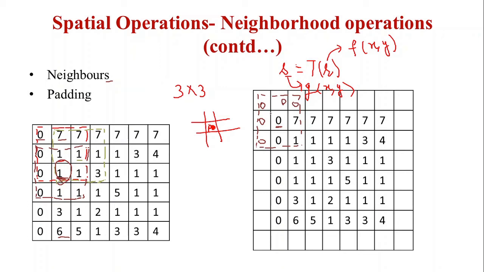So please remember, by doing padding we are just trying to solve our problem for the boundary pixels, but it does not mean that the output image size is going to change, right? So the output will be of the same size as my input image. If you look at this input image, it is of size 6 rows, and if you calculate the columns, it has 7 columns. So the output must be a 6 cross 7 matrix, right?